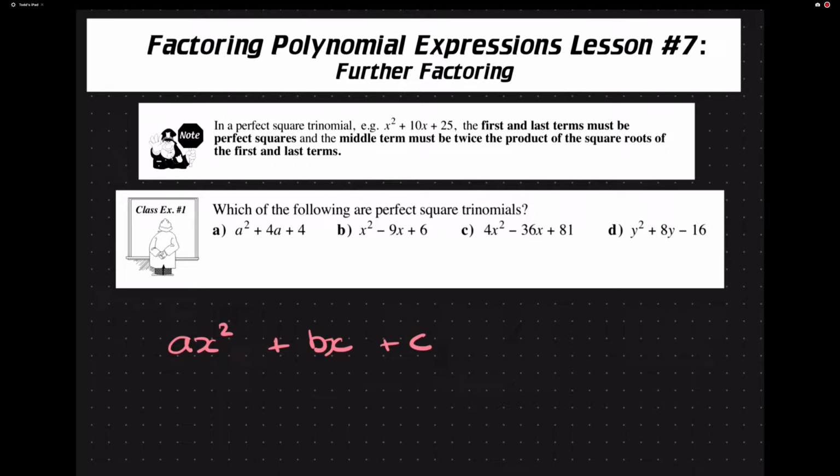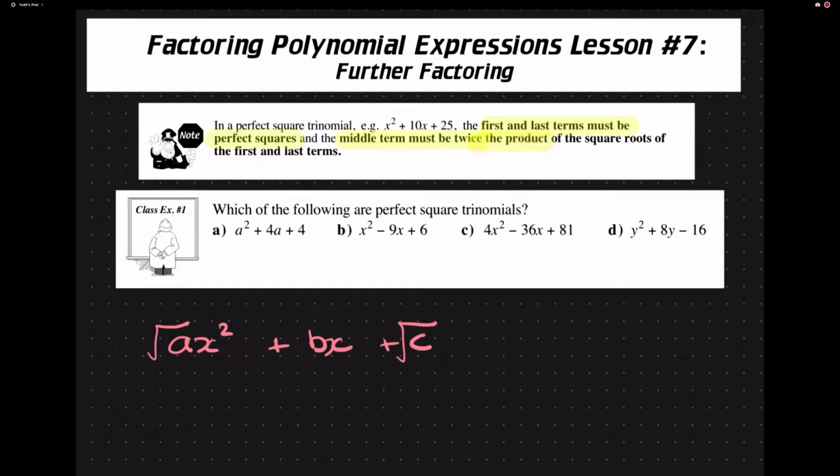So in here it says that the first and last terms must be perfect squares. What that means is you must be able to take the square root of a and the square root of c and get a whole number. And then the middle term, it says, must be twice, and twice means times 2.